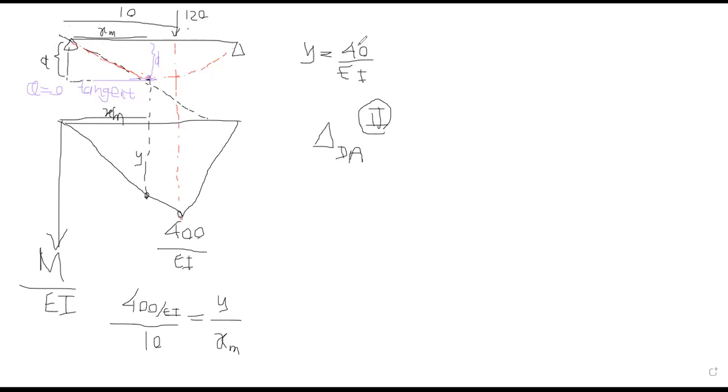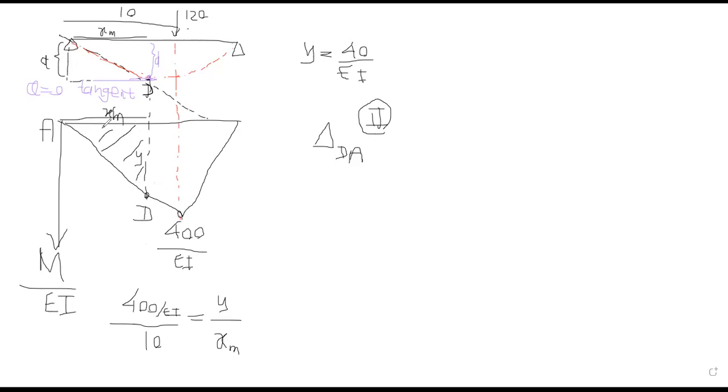That's quite okay, right? So to find this, you need to find the area of the bending moment diagram between D and A. So you need to find this area.